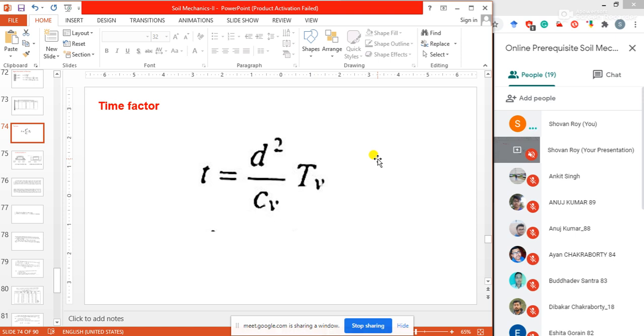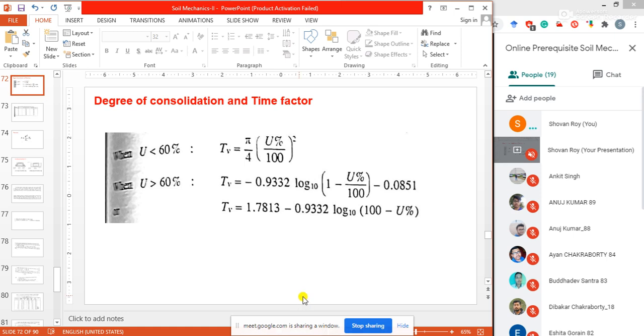Two classes before, I think. So this is the time factor, this T, and another parameter which is needed to find out the coefficient of consolidation in the laboratory using the square root of time fitting method is the degree of consolidation.